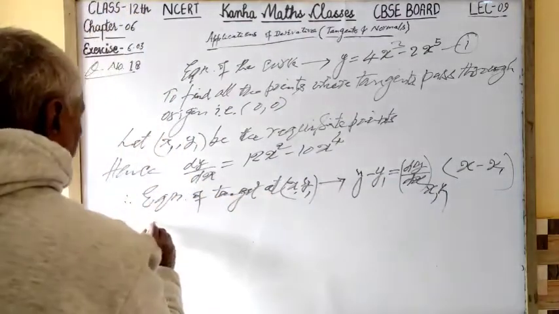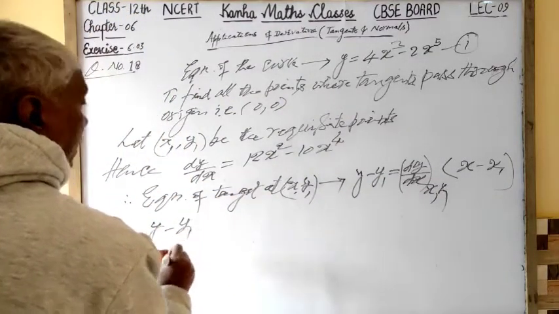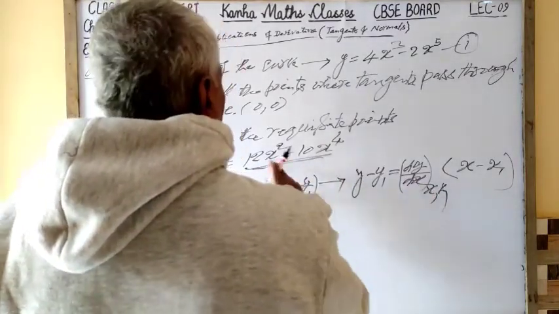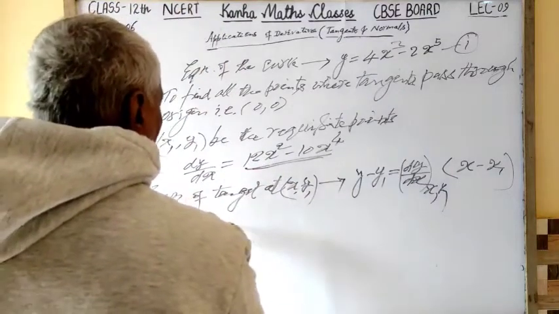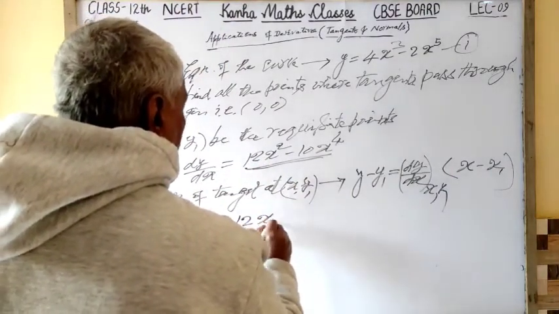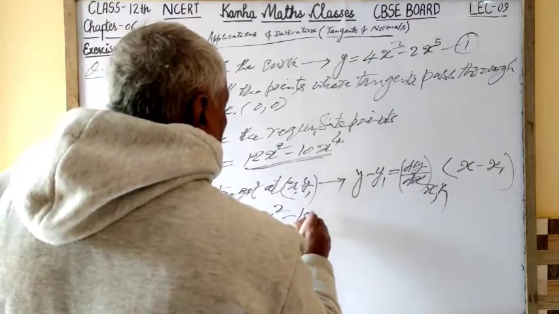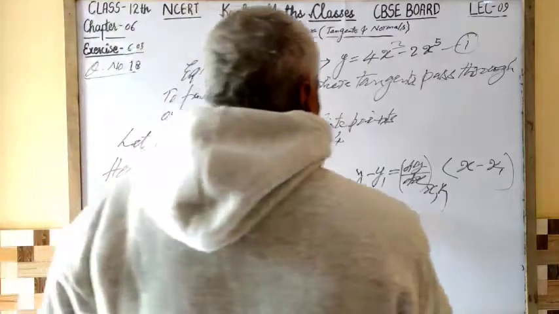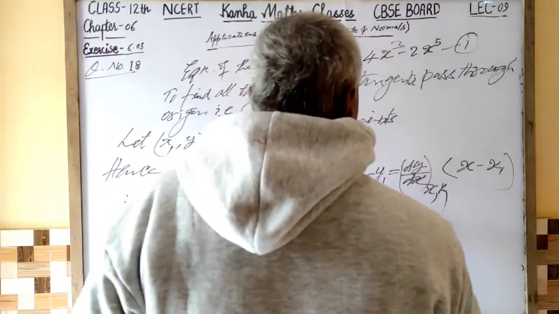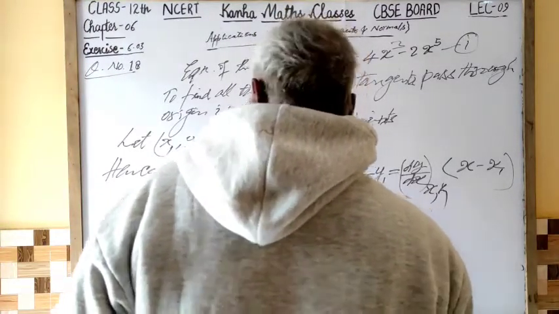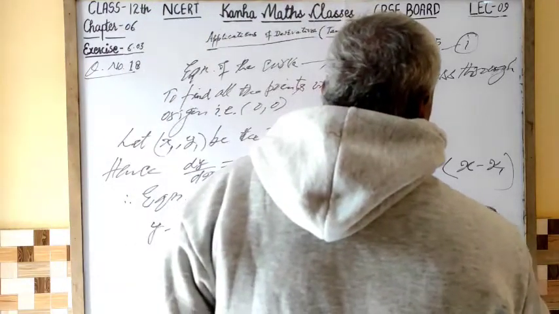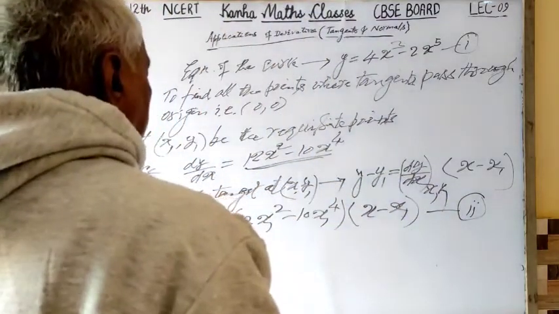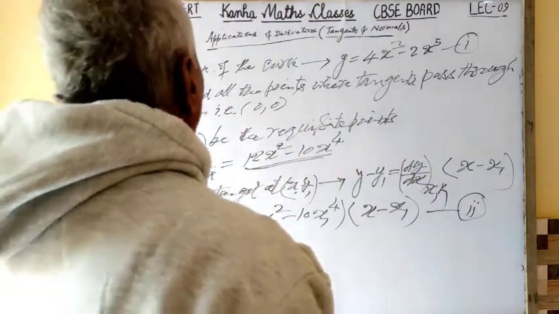Y minus y1, and dy by dx at the point x1, y1 will be equal to 12 x1 square minus 10 x1 to the power 4, into x minus x1. This is the equation of tangent at the specific point x1, y1.